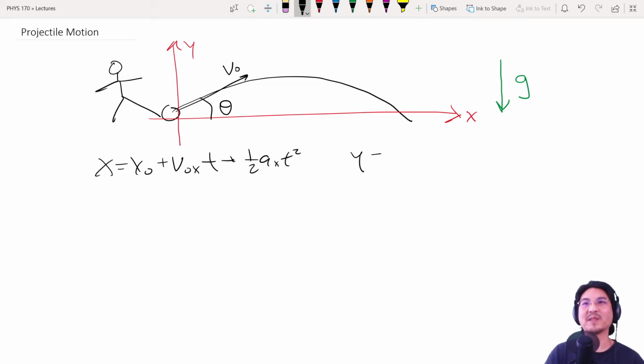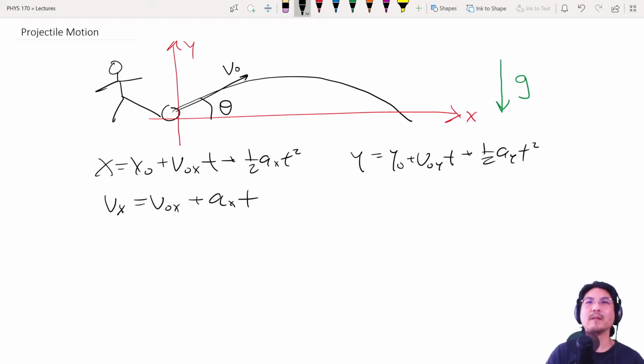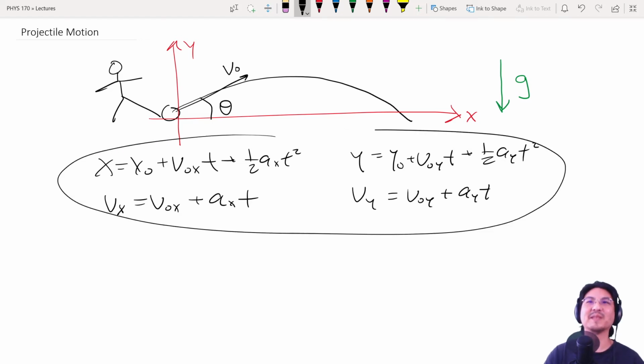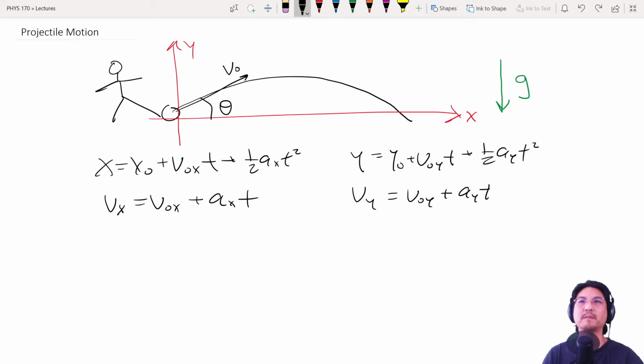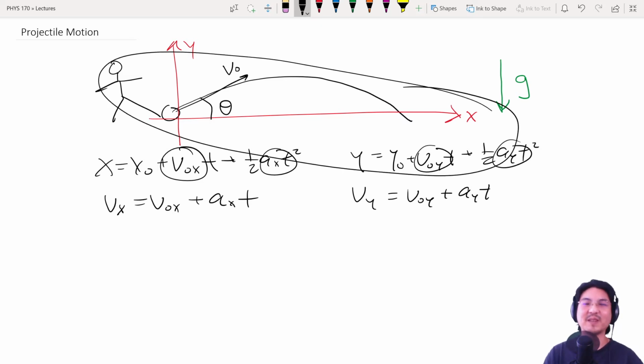And then in the y direction, and then for velocity, in the x direction, like this, y direction. Okay, so then this applies. The values you put here will depend on your choice of coordinates, though.